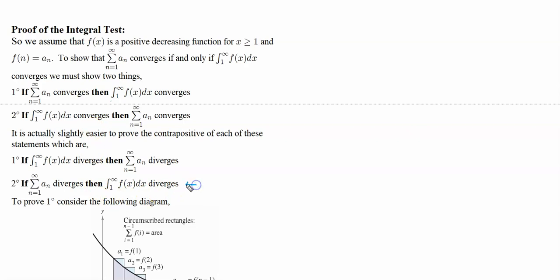That's down here. So these two statements are the same as these two statements, and these two statements combined tell you that the series converges if and only if the integral converges. That's actually comprised of two separate if-then statements, one going in this direction and the other going in that direction.